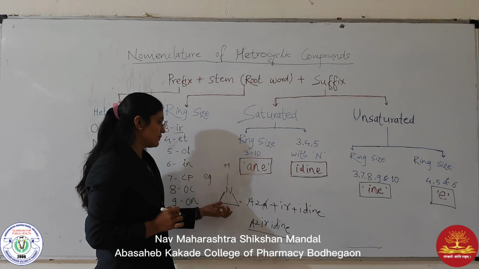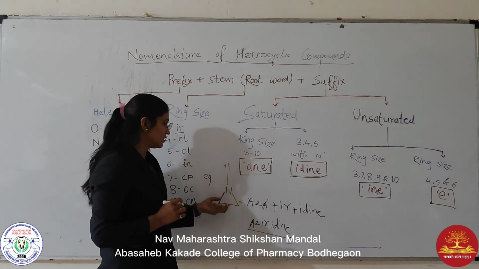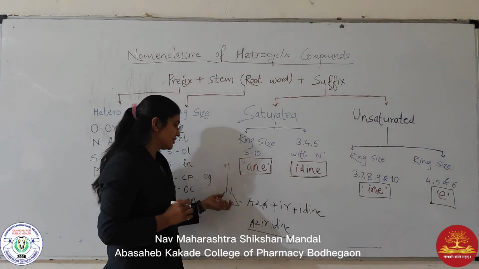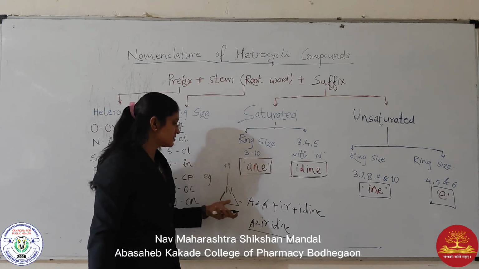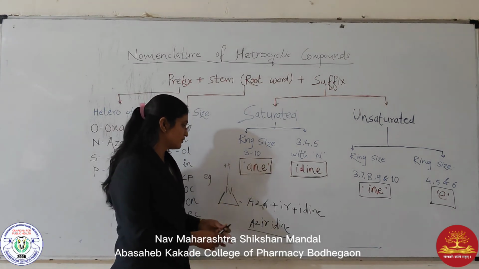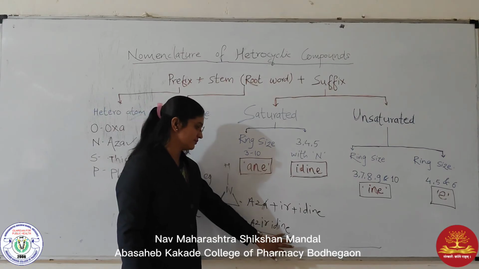So this is the example of a heterocyclic ring which contains nitrogen as a heteroatom, and it is a 3-member ring. The name is aziridine.